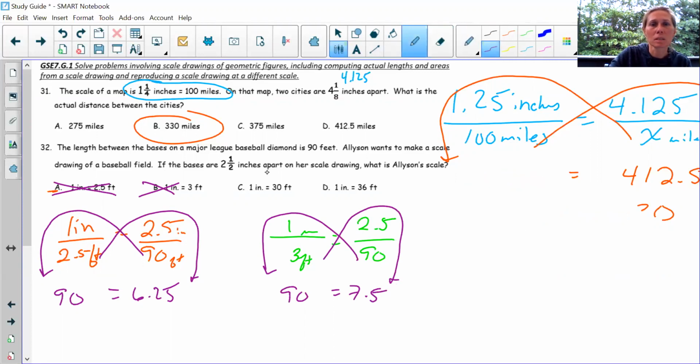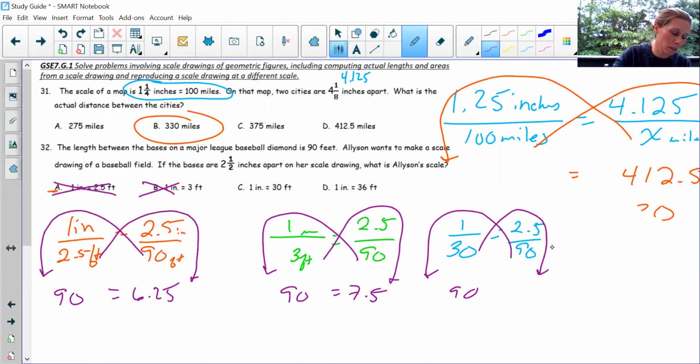All right, C. 1 inch is 30 feet, and I know 2.5 is 90. Let's do cross products. 1 times 90 is 90. 30 times 2.5 is looking better, but I don't think it's right. Nope, that's only 75 feet. It is not proportional.